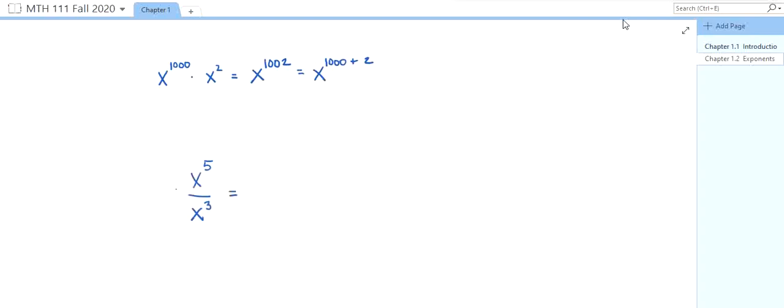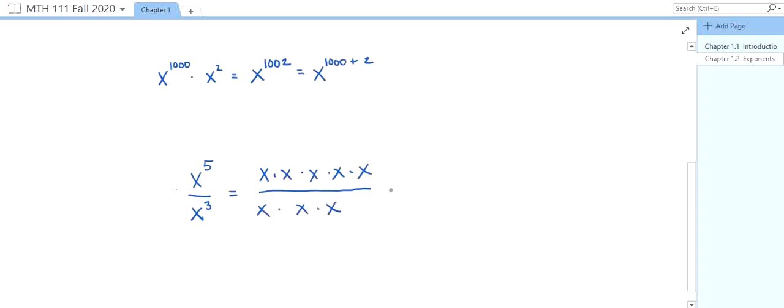Suppose we take and we divide two variables with the same base, and they have exponents. How do we handle that? Well, that's like saying x times x times x times x times x, that's 5, divided by x times x times x.